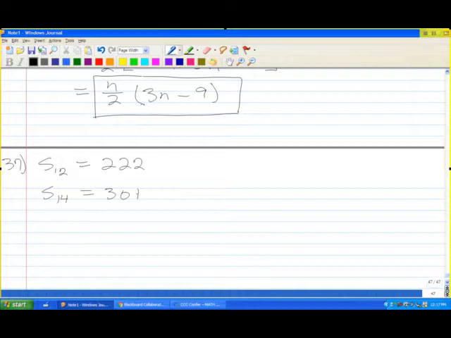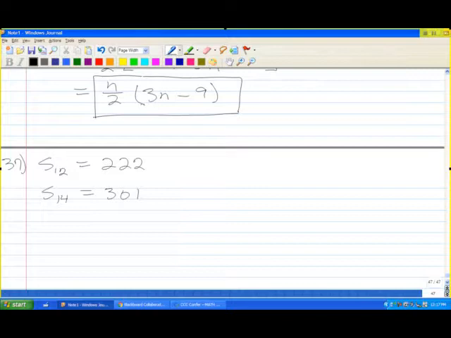In exercises 37 through 40, find a formula for S sub n, the sum of the first n terms of an arithmetic series, using the given information. Okay, so this is going to be very similar to problems we did in the previous two sections, where we did this for sequences instead of series. In fact, it'll be almost identical to what we did for arithmetic sequences.